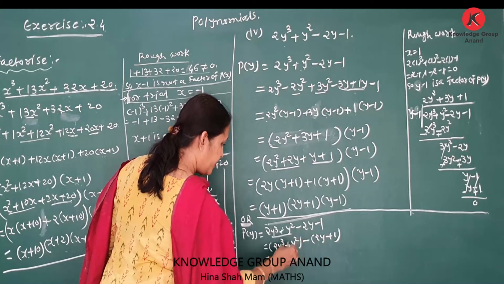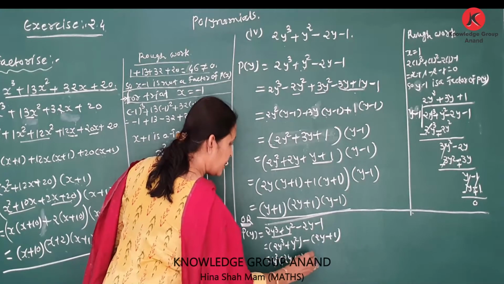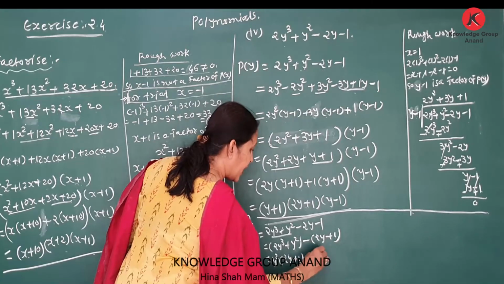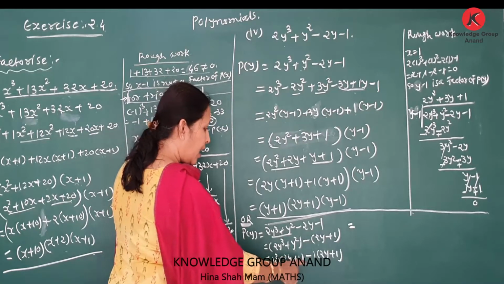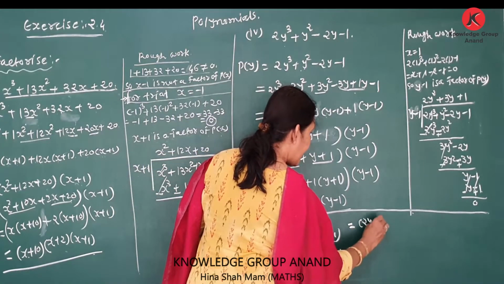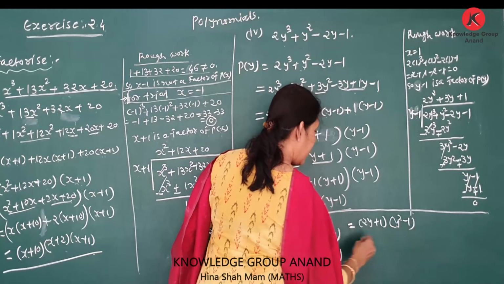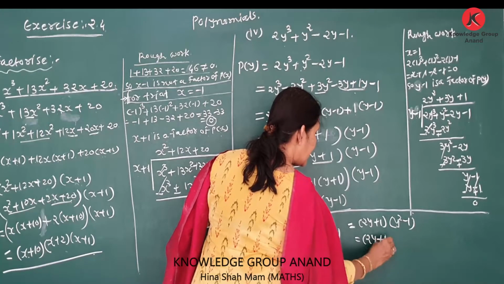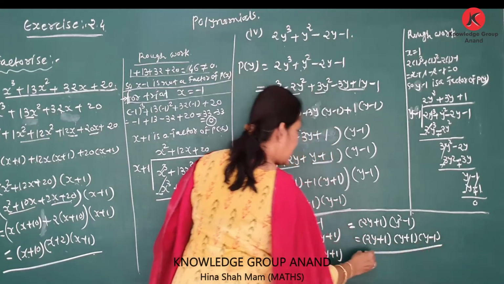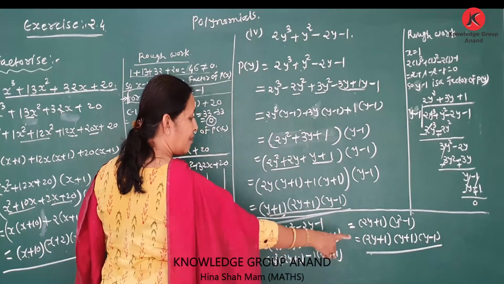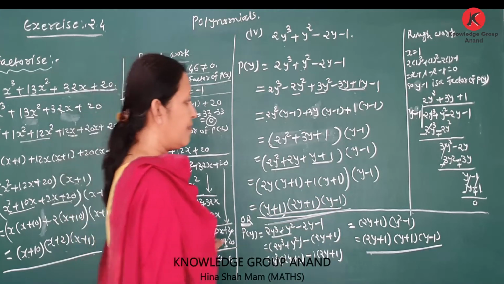The common factor is y square into 2y plus 1, minus 1 into 2y plus 1, which equals the common bracket 2y plus 1 and the other bracket y square minus 1. The factors of y square minus 1 are y plus 1 and y minus 1. So the factors are 2y plus 1, y plus 1 and y minus 1. Okay?